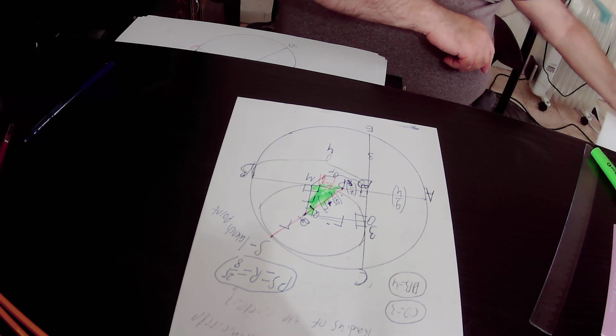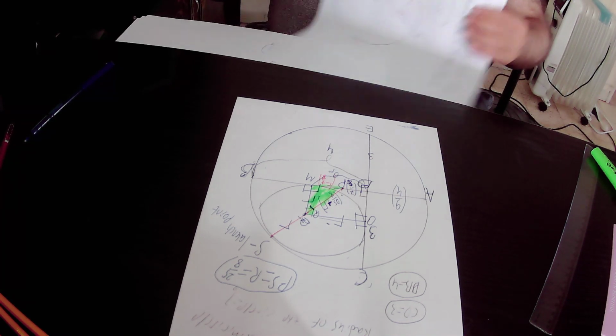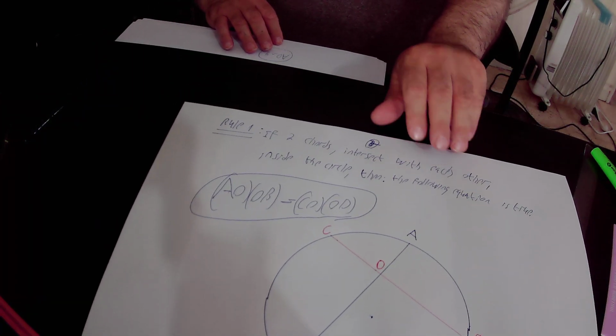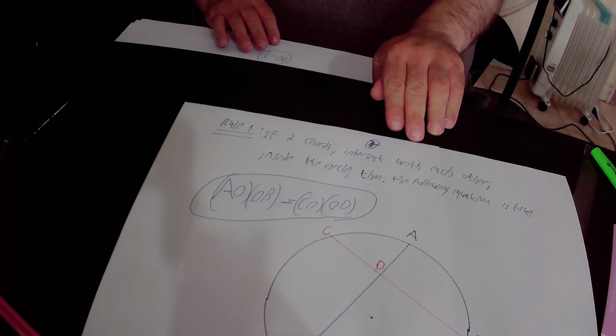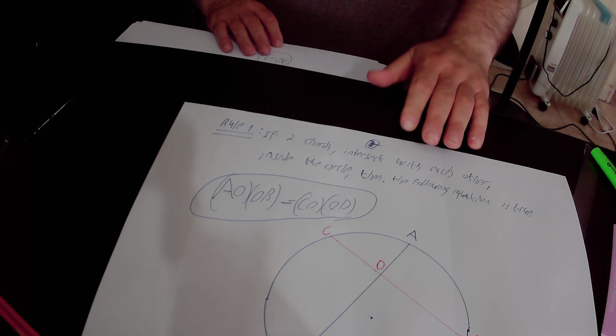Okay? In the next step, I presented to you rule number 1. According to rule number 1, if two chords intersect with each other inside the circle, then the following equation is true: AO times OB equals CO times OD.